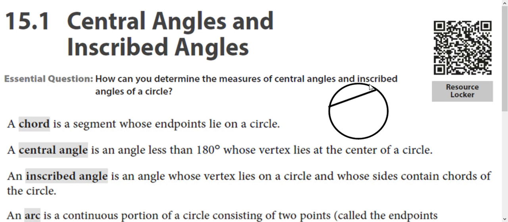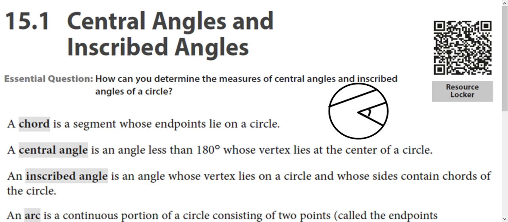Central angle: if you know where the center of the circle is, you can put an angle there from the center, and that is a central angle. The vertex is the center of the circle.